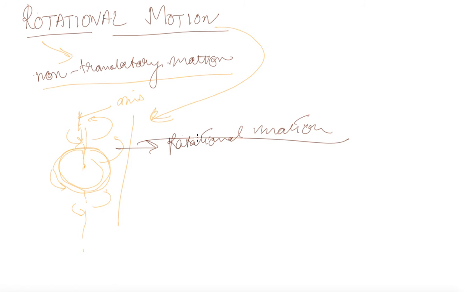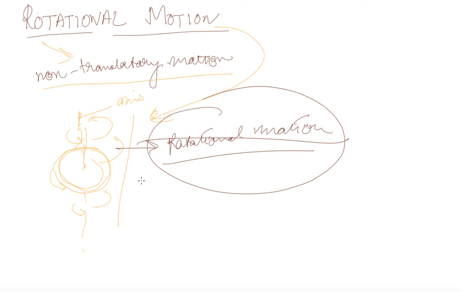So let's study in detail what rotational motion is, and before that, in order to study rotational motion, we need to know center of mass. There is another concept called center of mass. So let's have a systematic proceeding of the study of rotational motion in our next video.